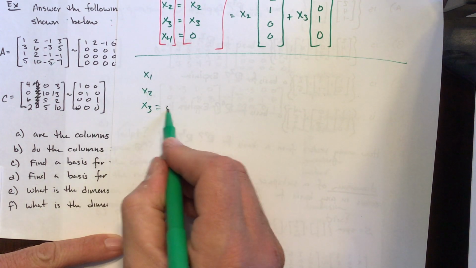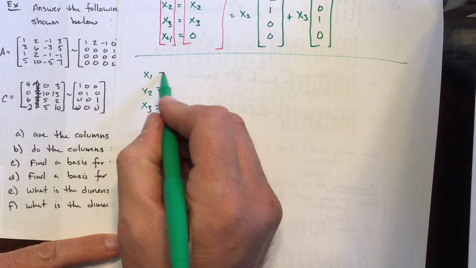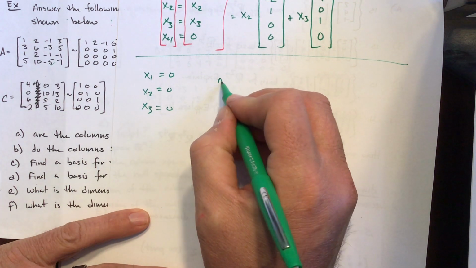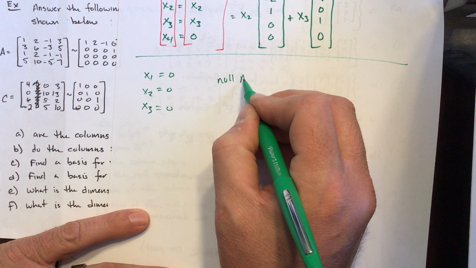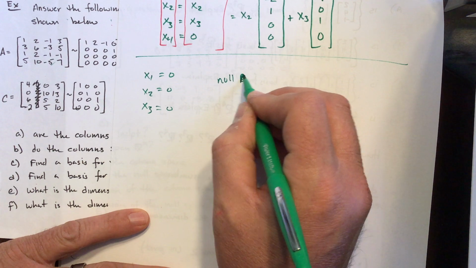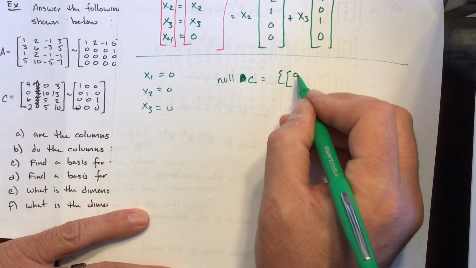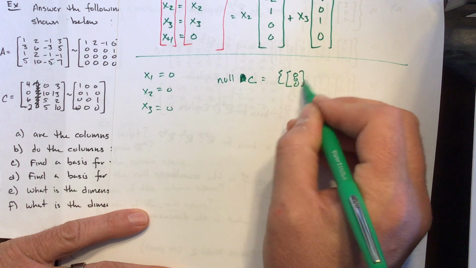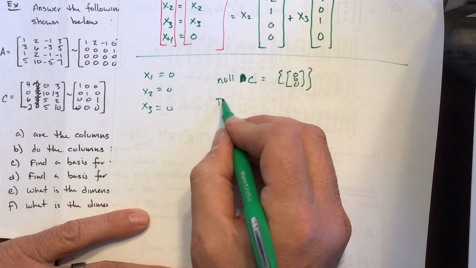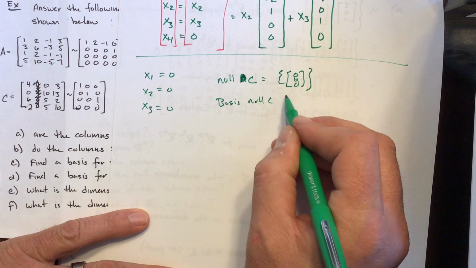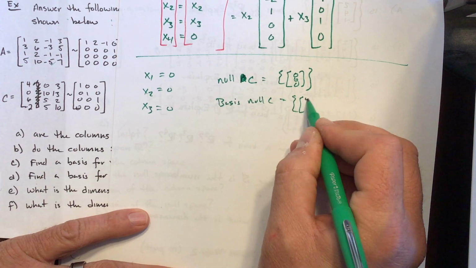So x3 is equal to 0, x2 is equal to 0, x1 is equal to 0. And so the null space of C is equal to one vector. It's the 0 vector. So the basis for the null space of C is the 0 vector.